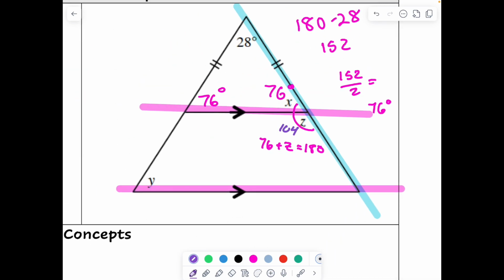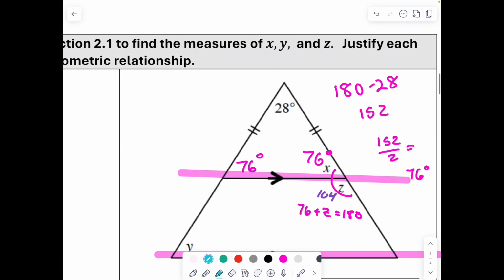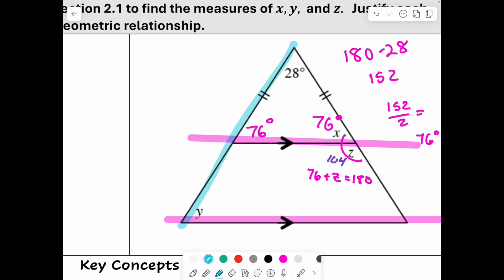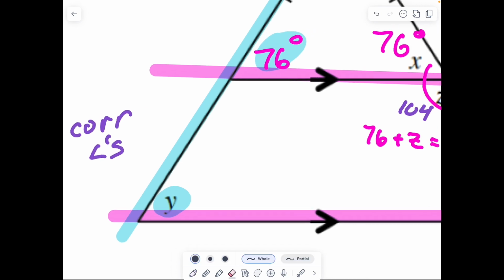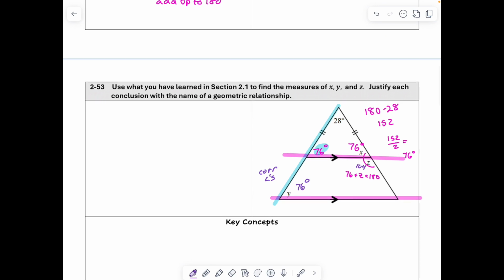Okay. And then if we make the other side a transversal that we're looking at, y and 76 are corresponding angles, which means they are the same. So y is also 76 degrees. And we found all the missing angles. So we found x because it's an isosceles triangle.